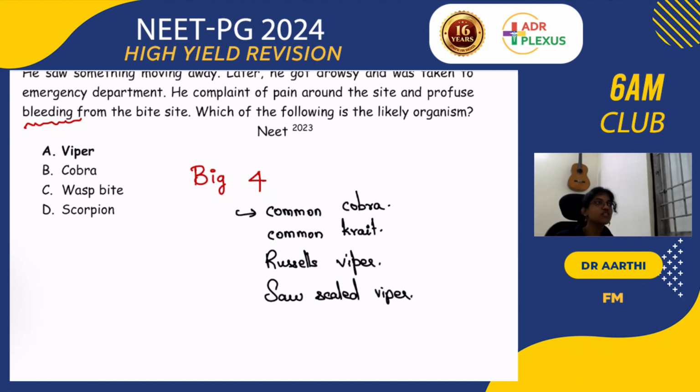Okay, so for all these big 4 only, you will be using anti-snake venom. The rest of it in India will not be effective. The other thing we also remember is the cobra and krait are neurotoxic, right? And saw-scaled and Russell's viper are vasculotoxic, right?